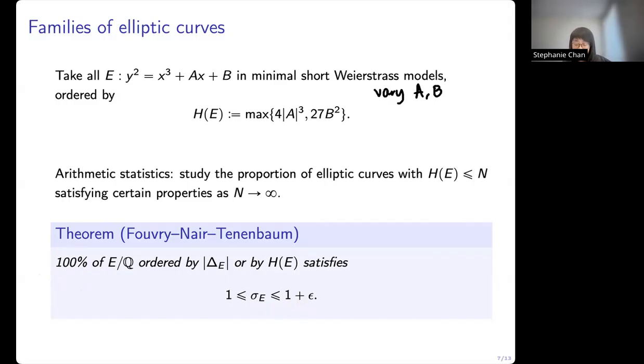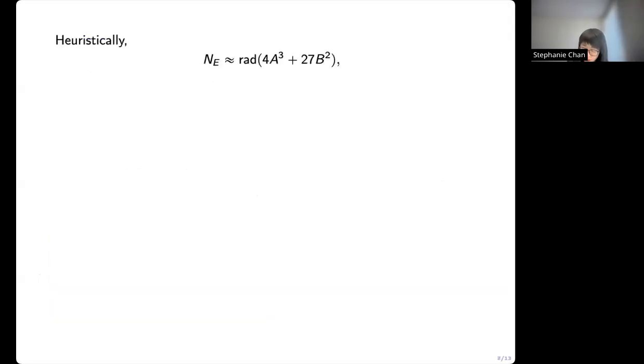But if we look at what's actually happening, then maybe it's not so surprising. Let's look at some heuristics first. If we look at the conductor, as I said, most primes of bad reduction should be multiplicative. So the conductor should be very close to the radical, up to some constant multiple.